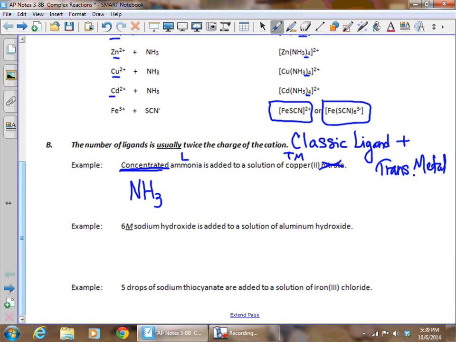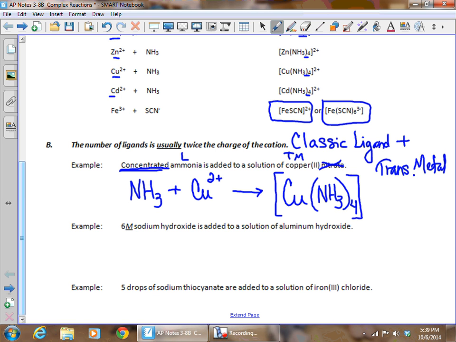So we've got NH3, we're adding the copper 2+, and remember, double the charge means we're going to attach 4 NH3s onto this. And make sure we remember to keep track of the charge, because the charge is still going to be a 2+.